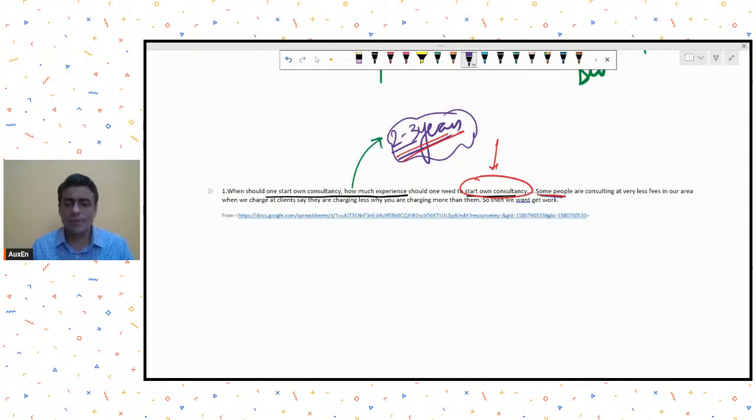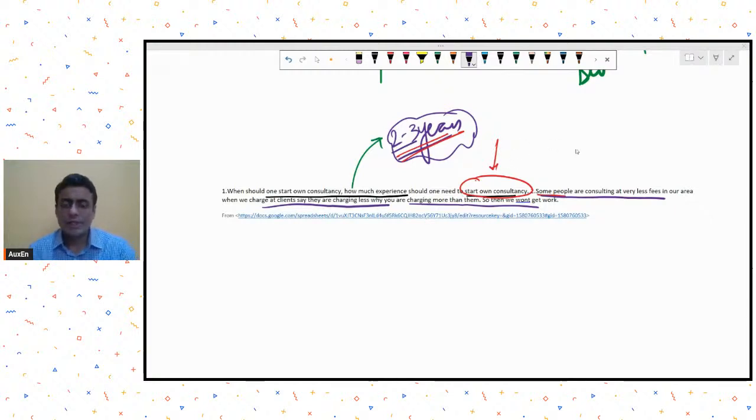Some people are consulting at very low fees in our area. When we charge clients, they say that others are charging less, so why are you charging more? Then we won't get work. See, for this I don't have any answer because it is all market dynamics.